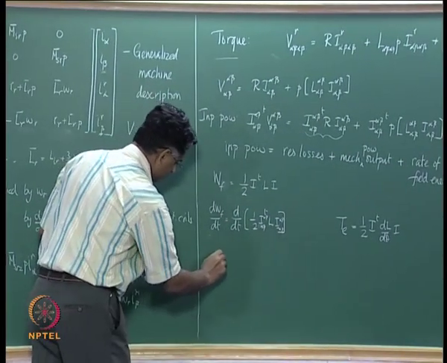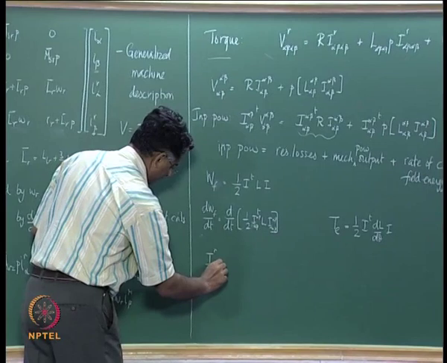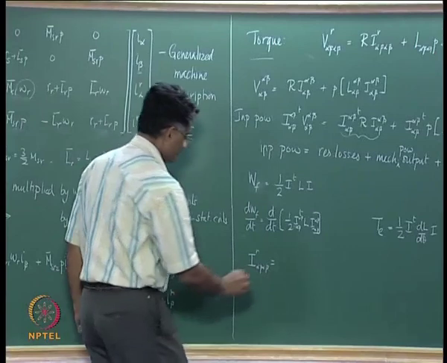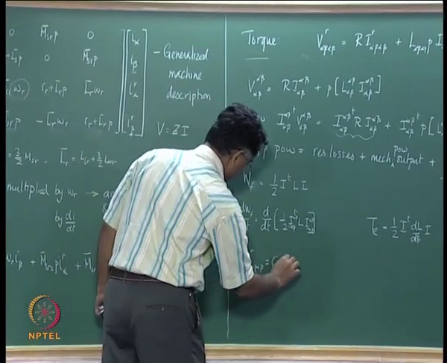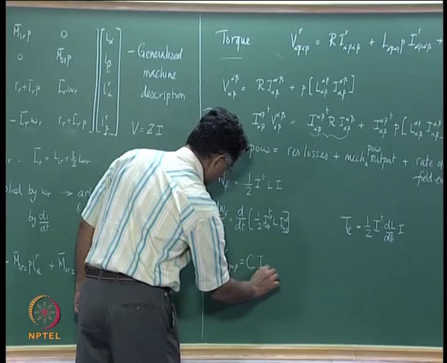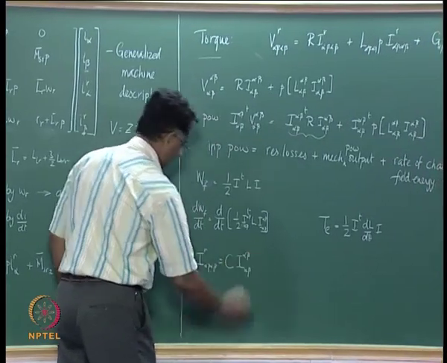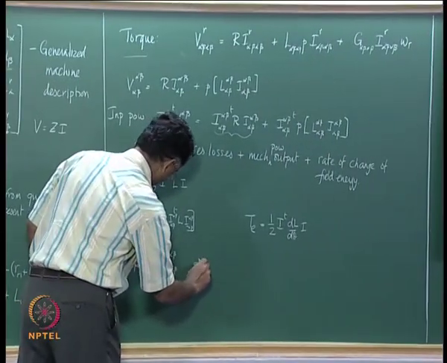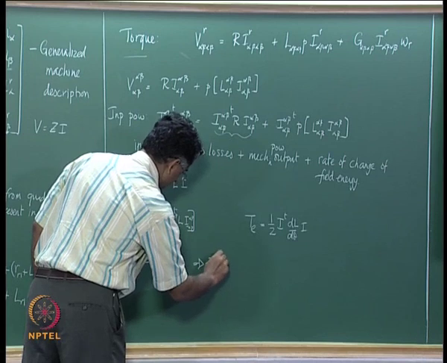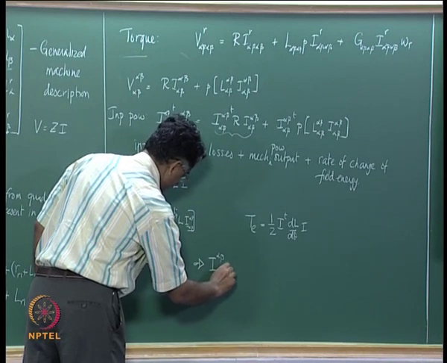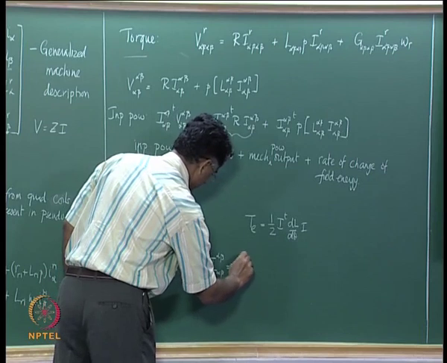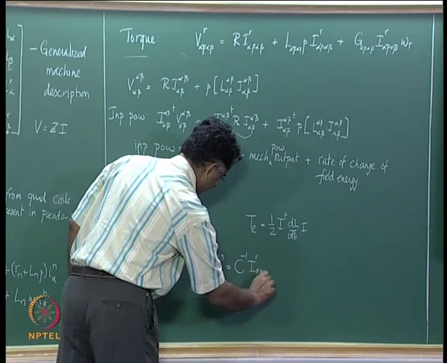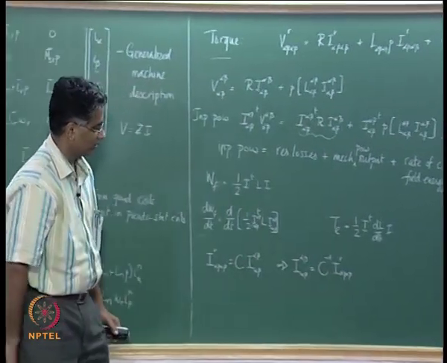For this we use the relationship I r alpha beta is equal to the transformation matrix, we called it C, times I alpha beta, and therefore we have I alpha beta equals C inverse I r alpha beta, both now in the stator.